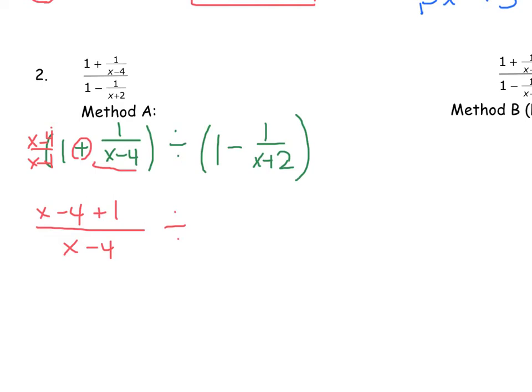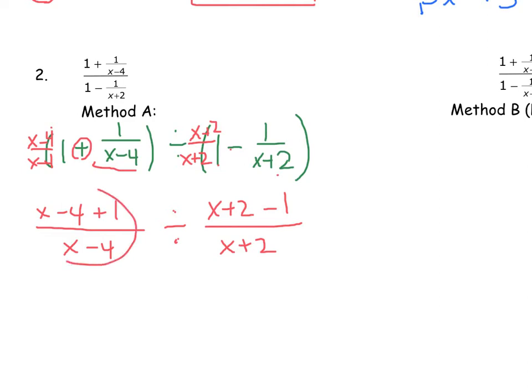The other fraction is going to have an LCD of x plus 2, and again this would be multiplying by x plus 2 over x plus 2, and that would give us a numerator of x plus 2, and then we're subtracting the 1. Right? And now we've got our two fractions combined.